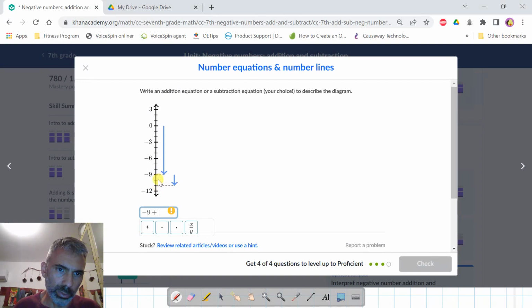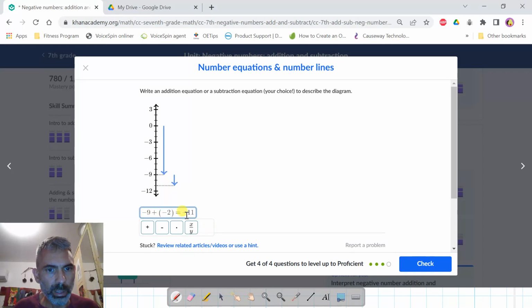We take another 2 steps, right? 1, 2. Each hash mark represents 1 step, 1 number. So we take another negative 2, and we end up at minus 11.